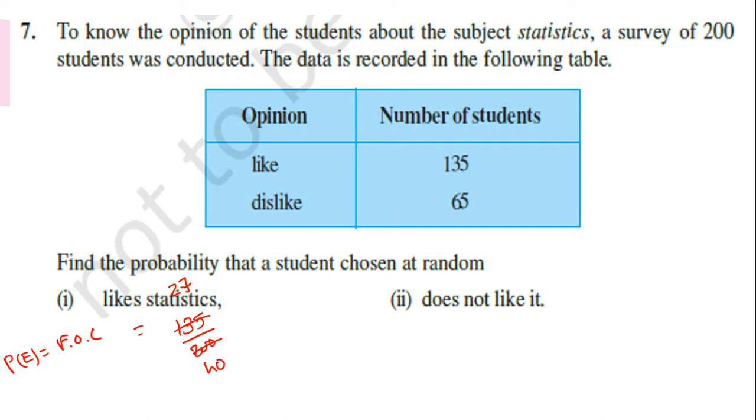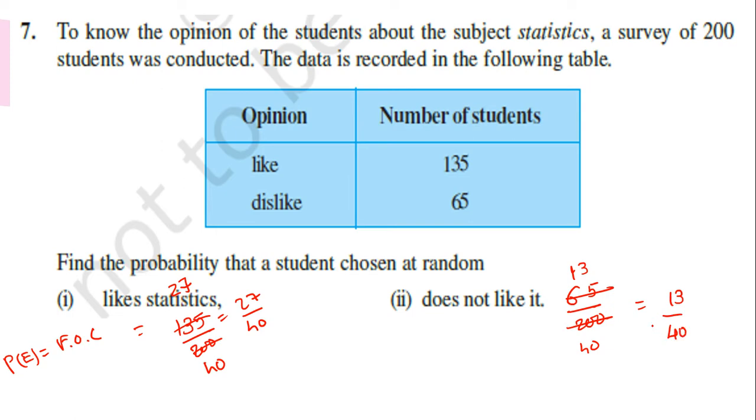What will come? 27 by 40 will come, and now this number will not cut. So 27 by 40 is your answer. As well as does not like: 65 by 200 again is divisible by 5. 13 5s are 65, and 40 5s are 200. So the next answer is 13 by 40.